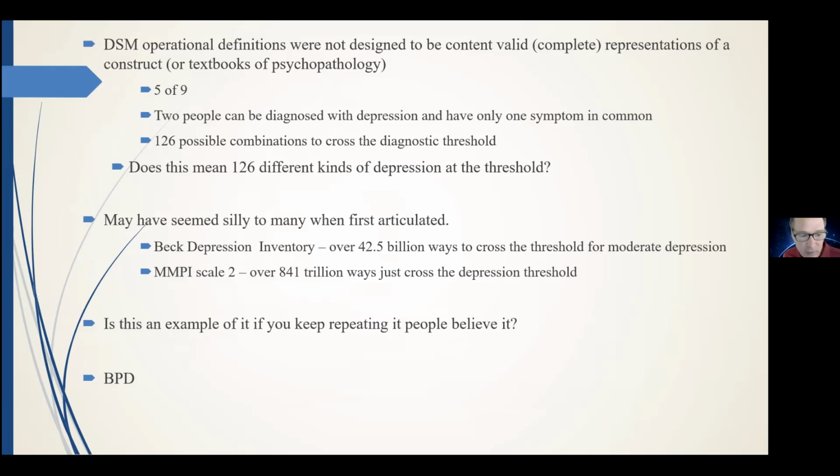And for a lot of reasons, people were predisposed to not like borderline personality disorder. And so this criticism of 126 different ways to be borderline may have seemed attractive in that sense.